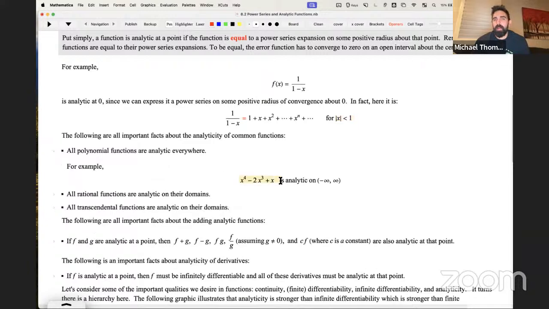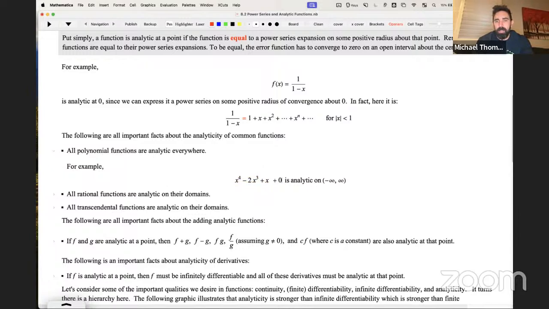So for example, polynomials, those things are analytic everywhere. If you want to find a power series expansion for this function at 0, go ahead. It's easy. In fact, this is it. That is the power series expansion. You might say, but wait a second, I thought a power series has an infinite number of terms. Well, it does.